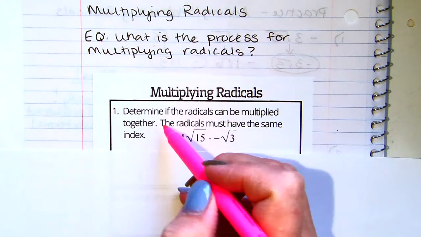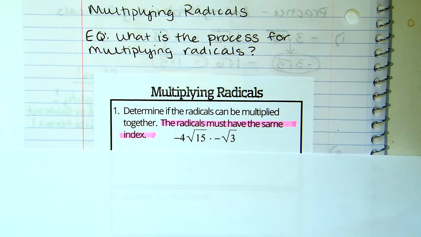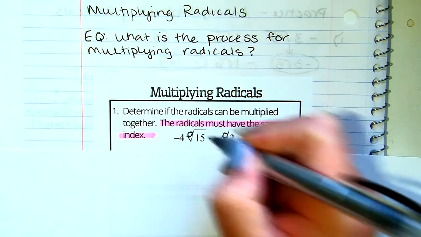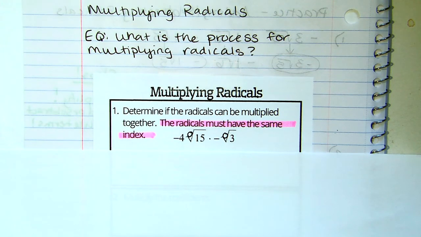Remember, the index is that little imaginary number if it's a 2, or a number if it's a 3, that goes in this spot right here, in that little swoosh. So, in that little swoosh, because neither one of these has a number there, our automatic index is 2, which means that they are identical. They are the same. So what we can do is now multiply these two together.